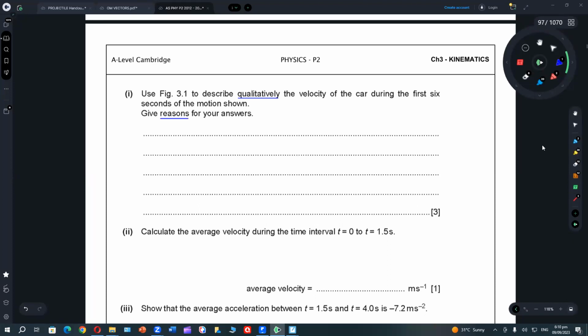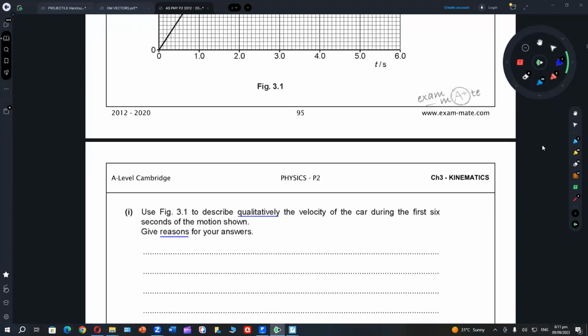So now you have to read the question again. Three-mark question.